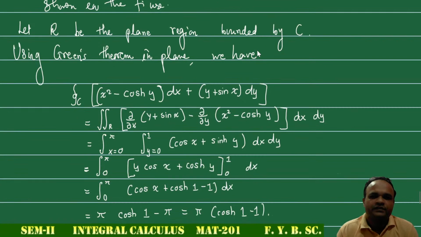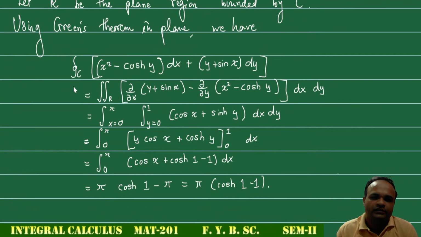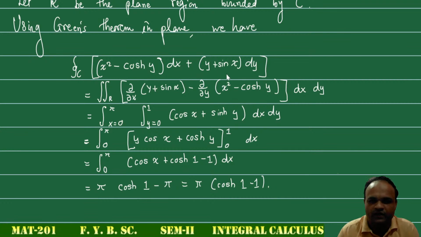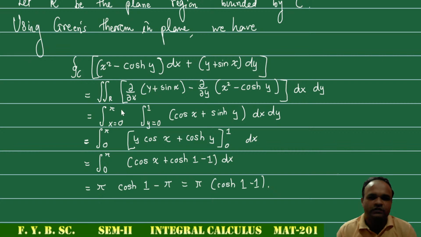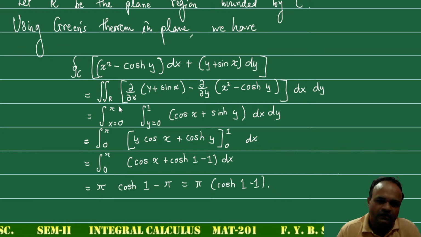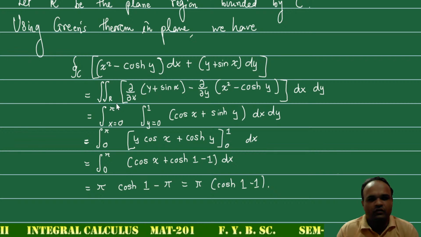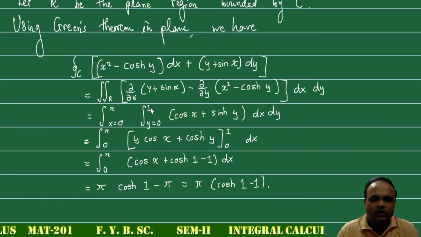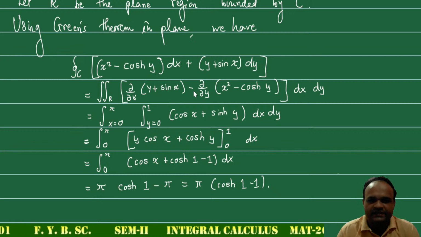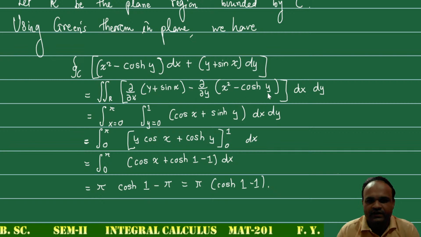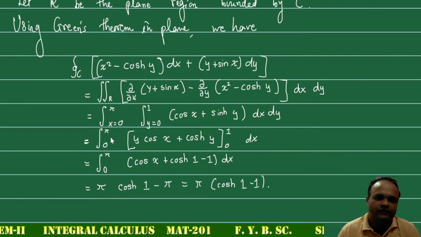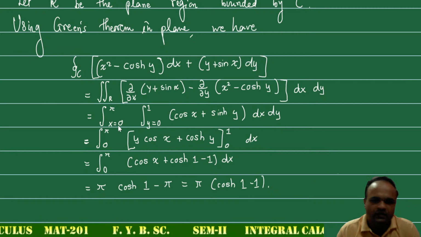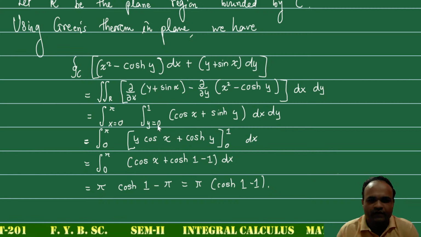So using Green's theorem in the plane, we have the line integral of (x square minus cos hy) dx plus (y plus sin x) dy equal to the surface integral over R of [dou by dou x of (y plus sin x) minus dou by dou y of (x square minus cos hy)] dx dy. So you can evaluate this double integral. Here x varies from 0 to pi and y varies from 0 to 1.